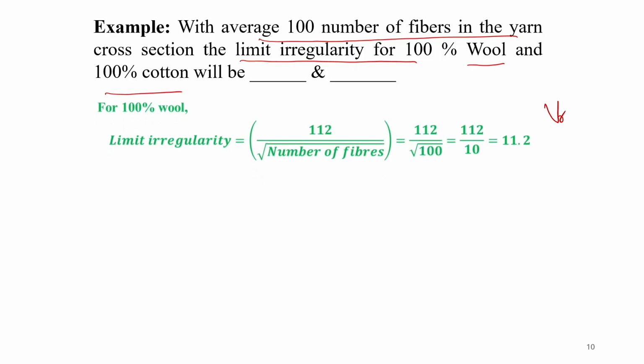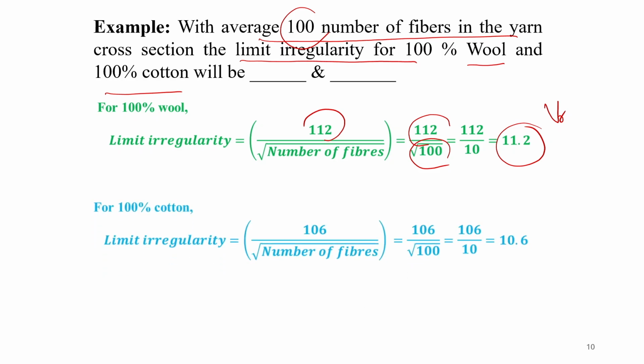For 100% wool we know it is 112 by under root n, the number of fibers. So 100 fibers are there in the cross section, 112 by under root 100, so 112 by 10, that is 11.2. For cotton it will be 106 by 10, so 10.6. So, we can calculate the limit irregularity.